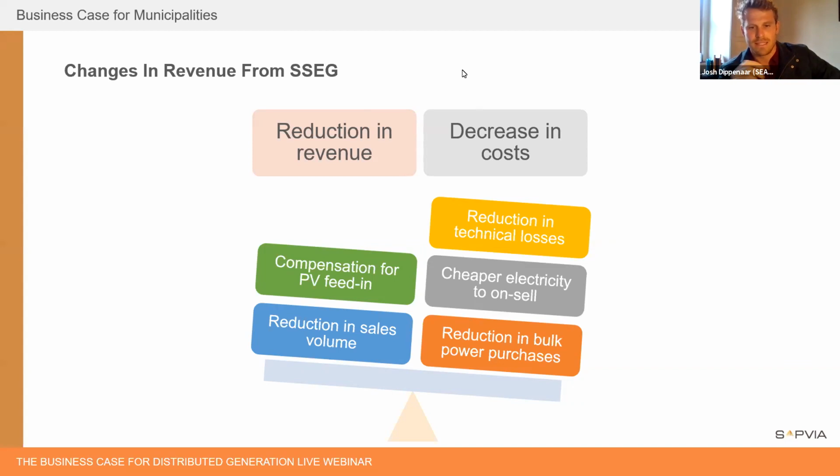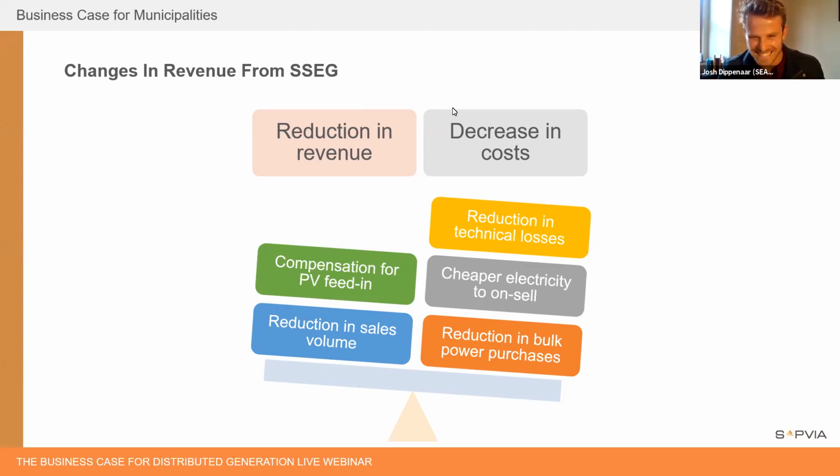The distance is much less, and the losses, being proportionate to line length, are much less than from the municipality's intake point to that same customer. So when solar customers export into the grid and the municipality can on-sell it, it's also a reduction in technical losses. So these are the 5 major impacts on municipal revenue.